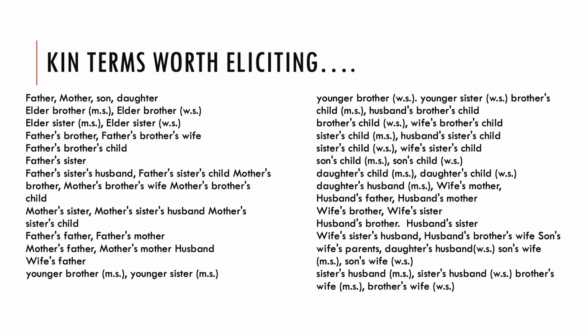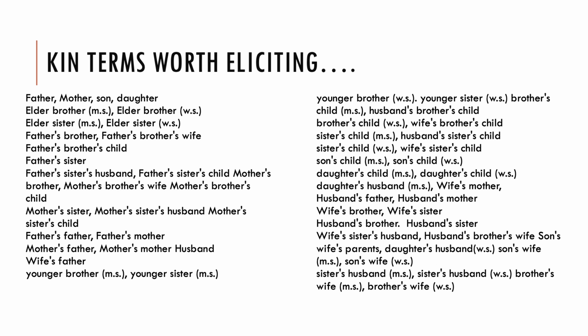Finally, when you conduct your interview, you're going to want to elicit a lot of different kin terms in order to understand how the system functions, even if these are relationships that maybe a person actually doesn't have in their chart. So you're going to want to know basic terms like father, mother, son, daughter.